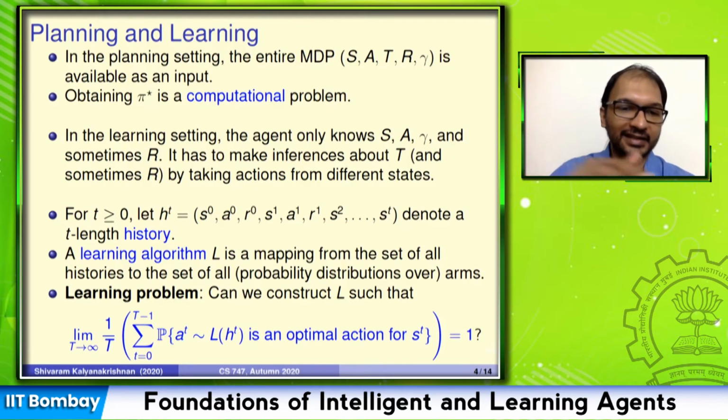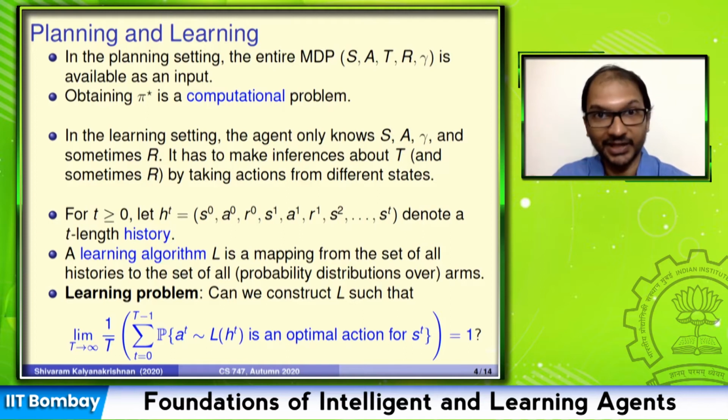What we're adding in a big sum over time, in the numerator, is the probability that AT is actually an optimal action at time step t. So for this sum to be large, the learning algorithm must be taking optimal actions with higher and higher probability. Then we divide by t, and take the limit of that as the horizon goes to infinity. The question is, will this limit go to 1?